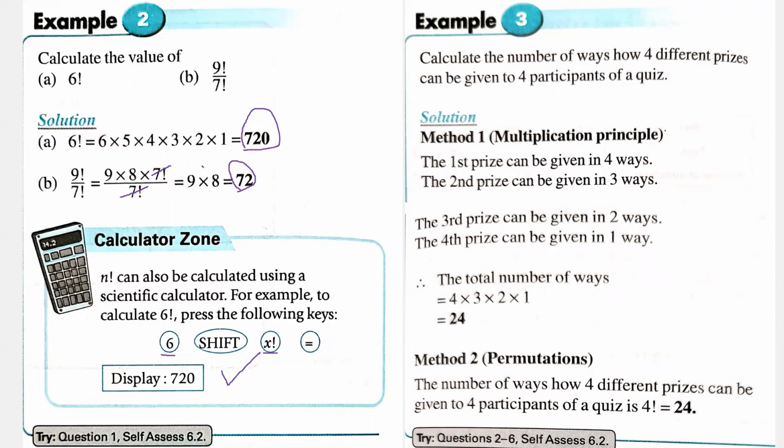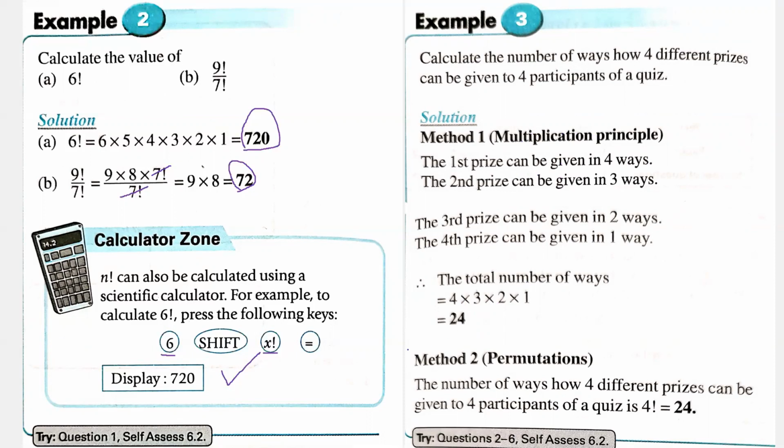Because if you give away the first prize, then you are left with 3 prizes, so the number of ways also goes down. The total is 4 times 3 times 2 times 1, which is 24. This is using method 1, the multiplication principle.